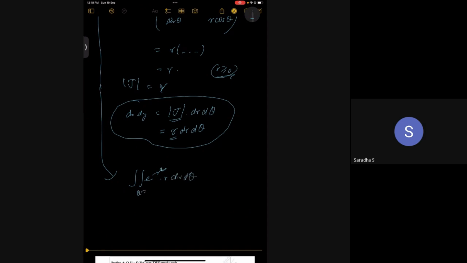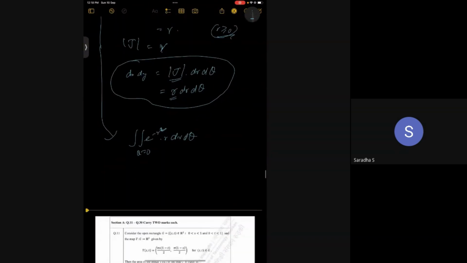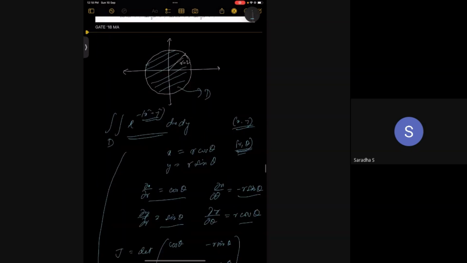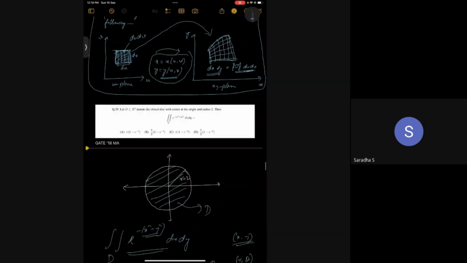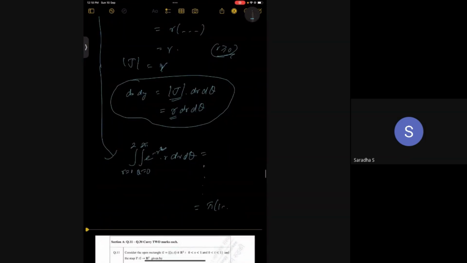The disk has radius 2, so theta lies between 0 and 2 pi, and r lies between 0 and 2. You can easily compute this double integral. The answer will be pi times 1 minus e to the power minus 4. Option A. Guys, are you following?